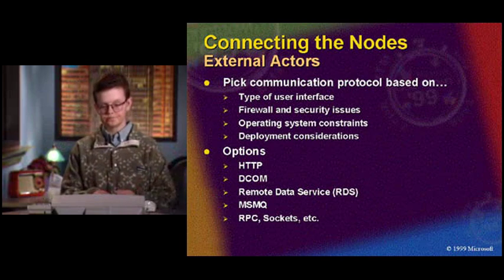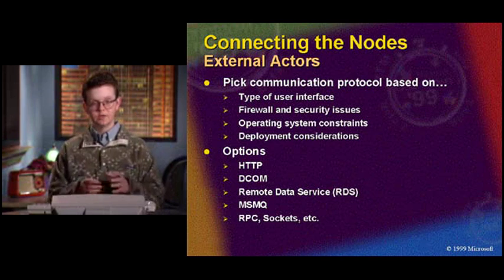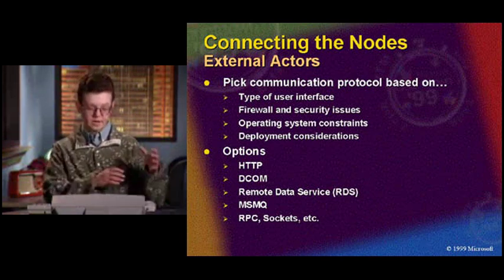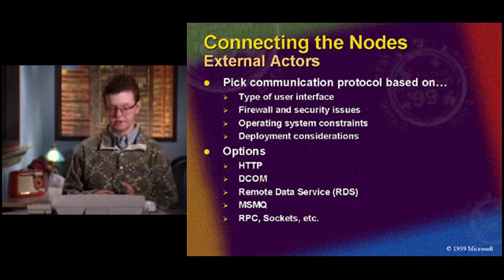the browser. But if you are talking directly to a Win32 application, you might decide that you're going to use DCOM to communicate between the program and your components that are running on the business tier. You also need to think about firewall considerations and security issues.